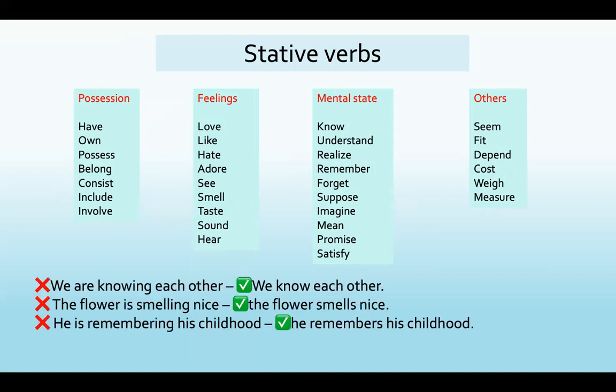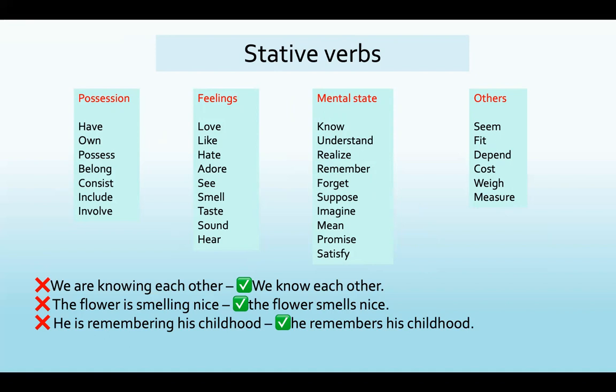If we have a stative verb, it means that we can't use it in the present continuous tense, as I have already mentioned above. For example, we can't say we are knowing each other because the verb to know is a stative verb, so it does not have the ing form. That's why we should change this sentence into present simple by simply removing the auxiliary verb to be and also the ing form.